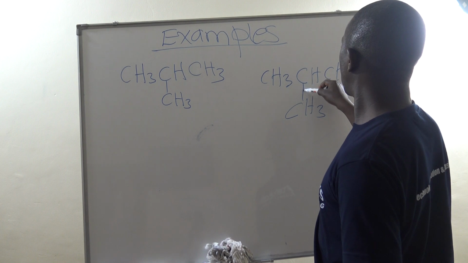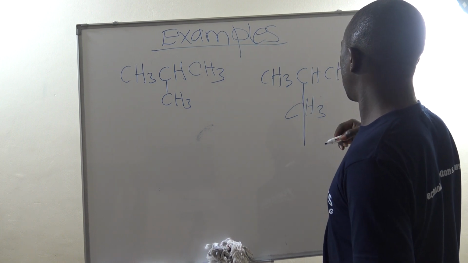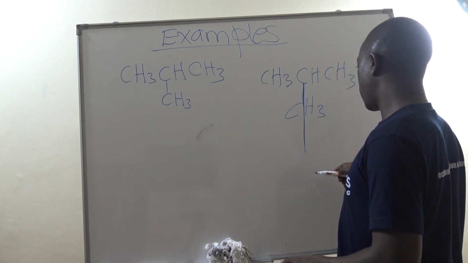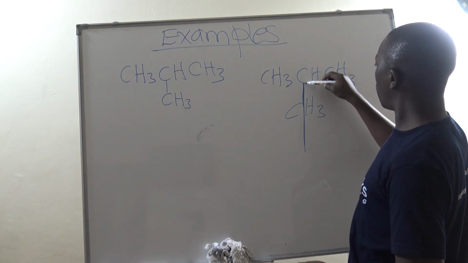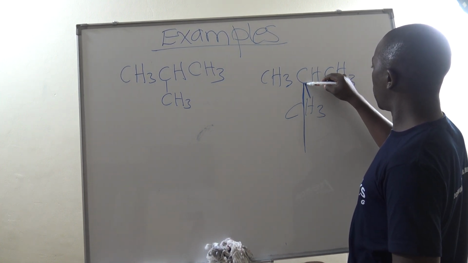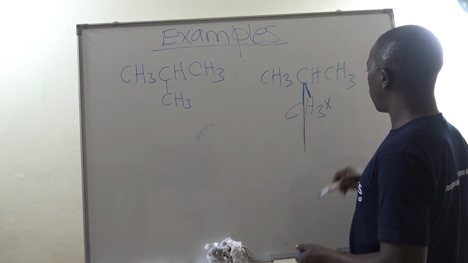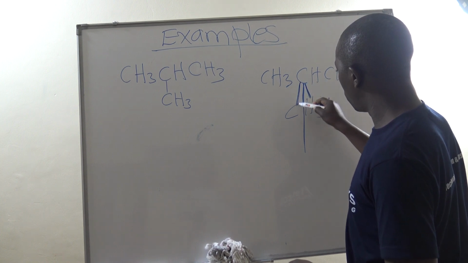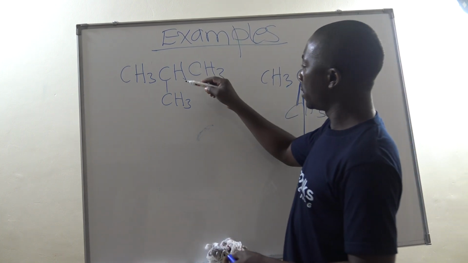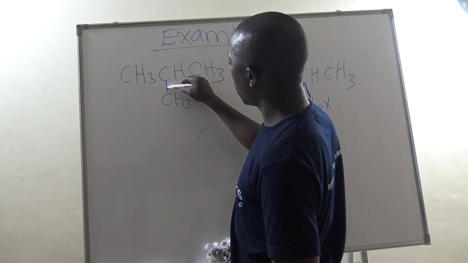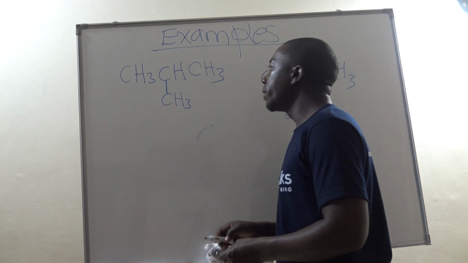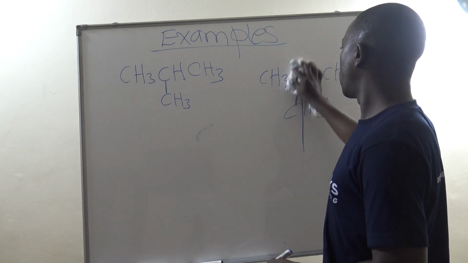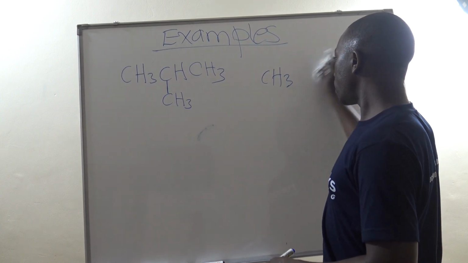This bond is between carbon and nothing. It is not between carbon and hydrogen, but between carbon and carbon. So the bond should be between carbons, just like I've done it here. It may not necessarily touch, but should be very, very close.